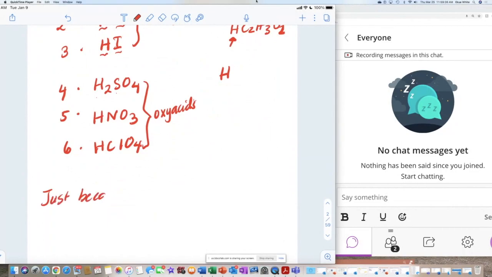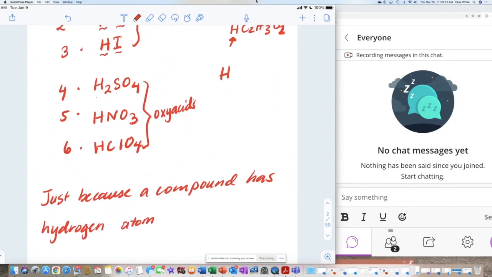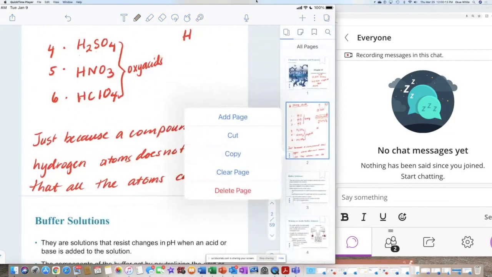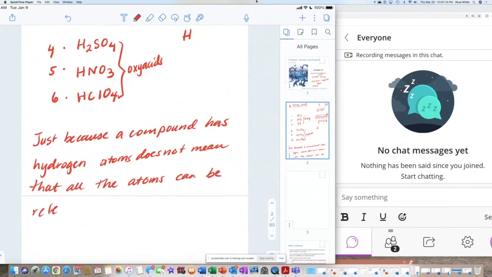Just because a compound has hydrogen atoms does not mean that all the atoms can be released in solution.